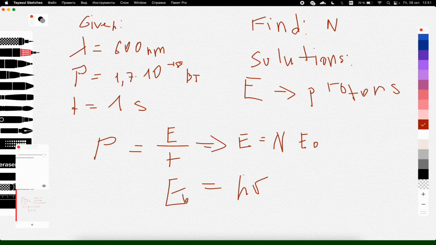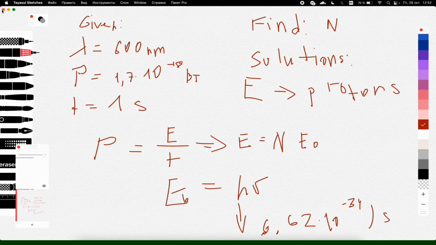In this formula h is the Planck constant, equal to 6.62 multiplied by 10 to the minus 34 joule seconds. It is known that the oscillation frequency can be expressed in terms of the speed of light, equal to 3 multiplied by 10 to the 8 meters per second, and the wavelength according to the following formula.